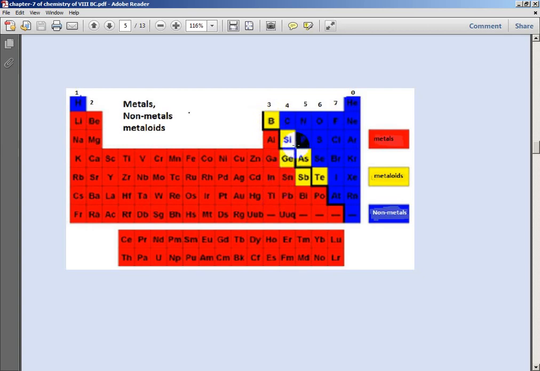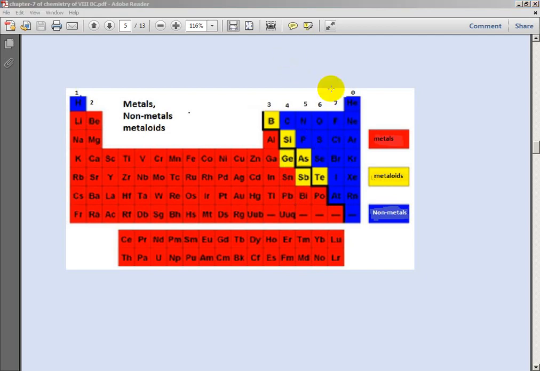And group 4: carbon is a non-metal, silicon and germanium are metalloids, but stannum (tin) and Pb (plumbum) are metals. Have you seen this?